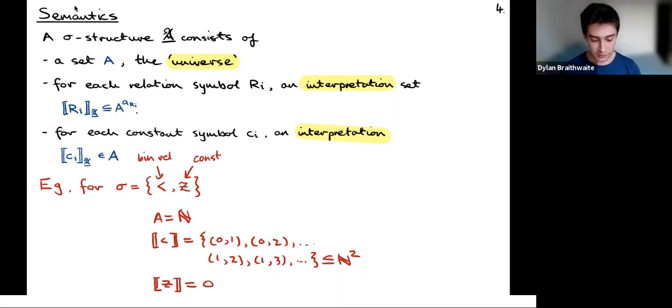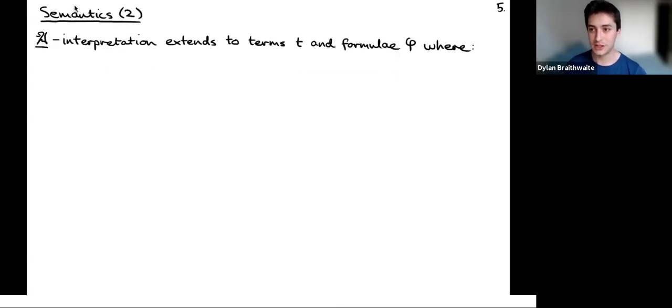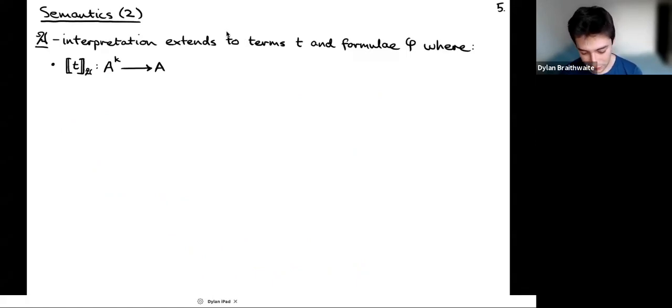These semantics extend to interpretations of the other bits of syntax in the logic, that is, to terms and formulae. Terms are interpreted as functions, and the k here is the number of free variables in the term t.